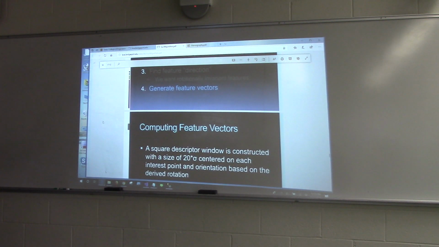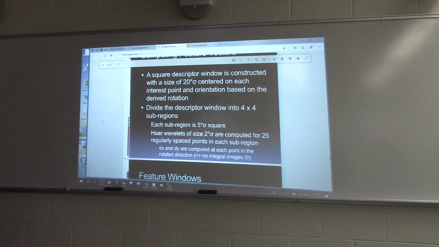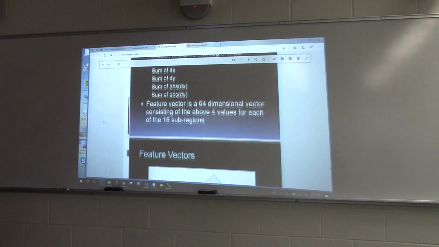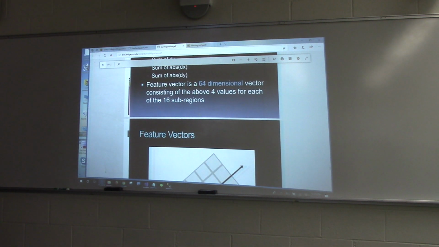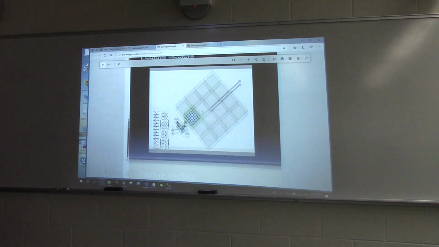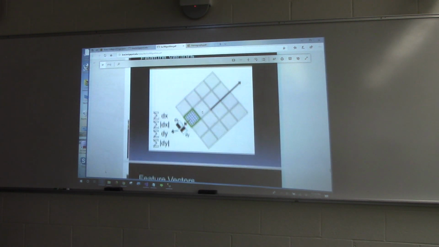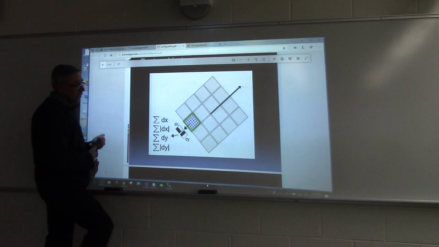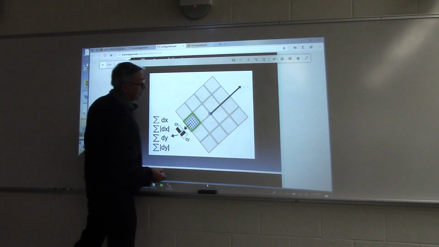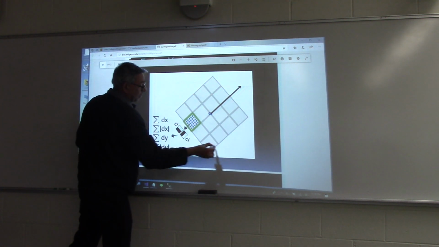And the last part, like I said, is to generate feature vectors. So in this case, there will be 64 values for each important point. Anyway, this was the point of interest. We create a 4x4 window over here.